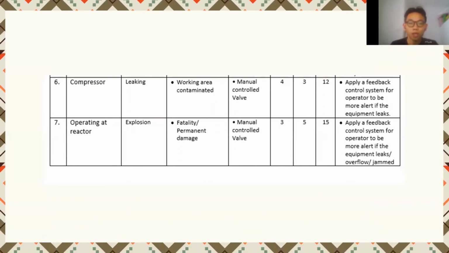So from that, it requires us to adjust the process plant layout and apply a feedback control system for the operator to be more alert if the equipment leaps over and jams, because this kind of equipment can cause fatalities or irrecoverable damage to the property or environment.